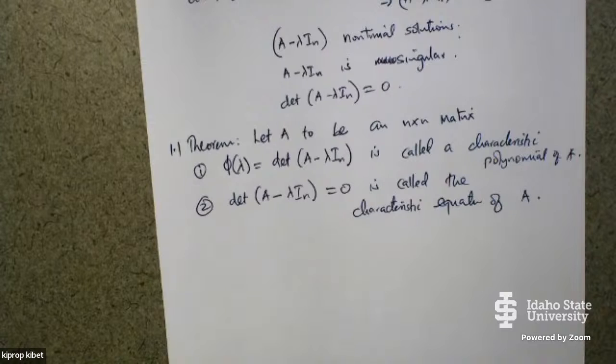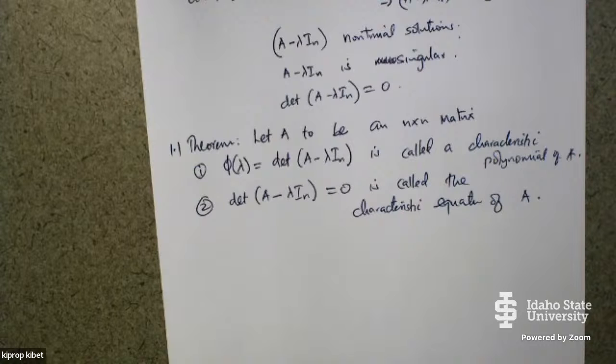So the degree of this characteristic equation is the value of n. If it's a 3 by 3 matrix, the degree will be 3; if it is a 4 by 4, then it will be 4; if it's a 5 by 5, then it is 5.